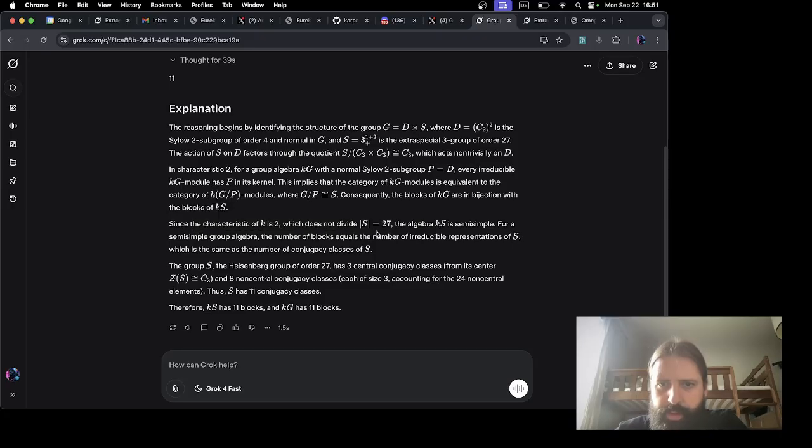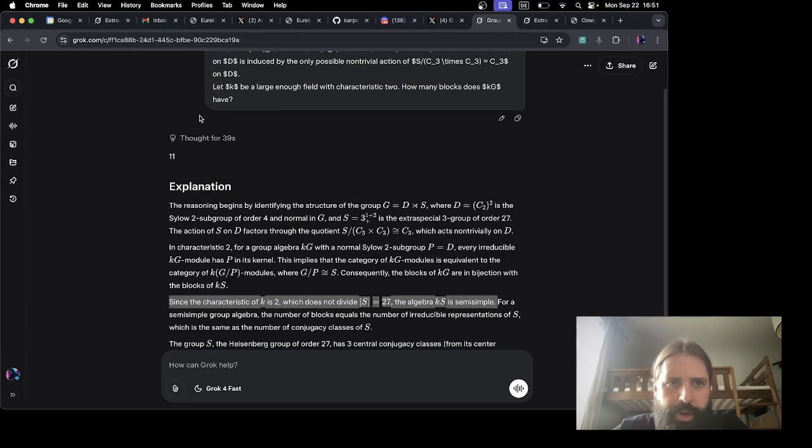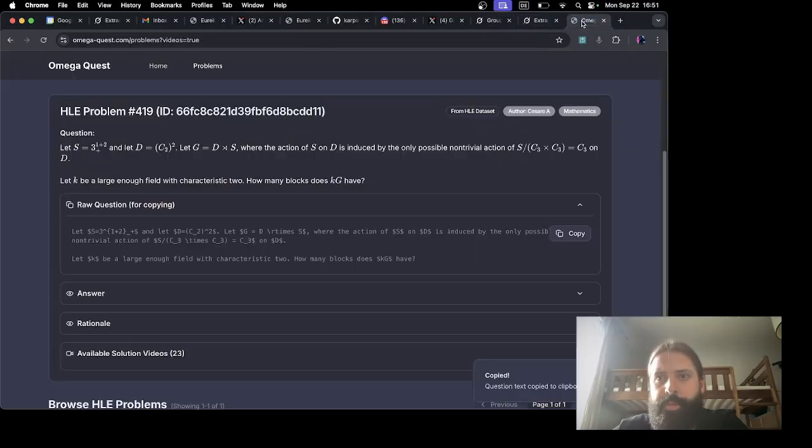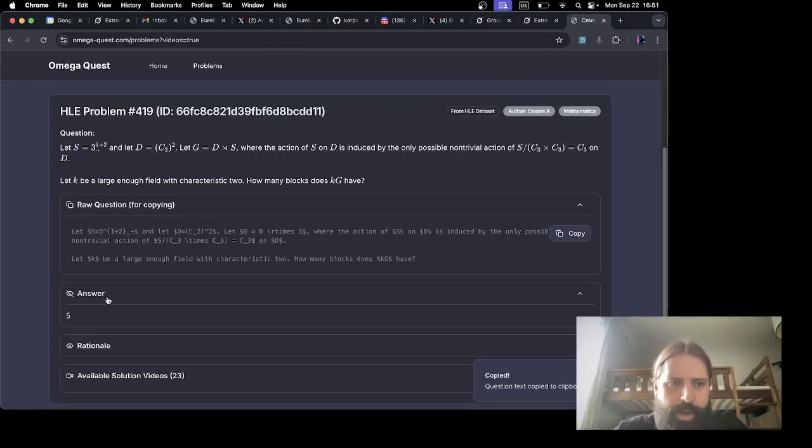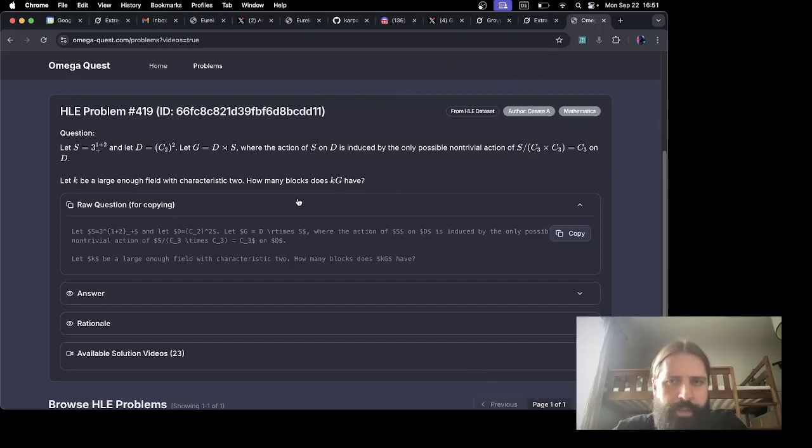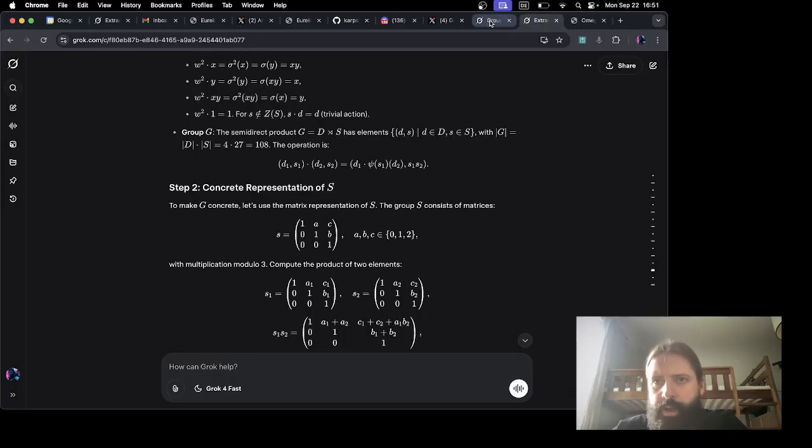Does not derive at 27. I think that's the mistake. Because we're looking at a group G which has order 108. So it got 11, which is the wrong answer, okay? The right answer is 5.